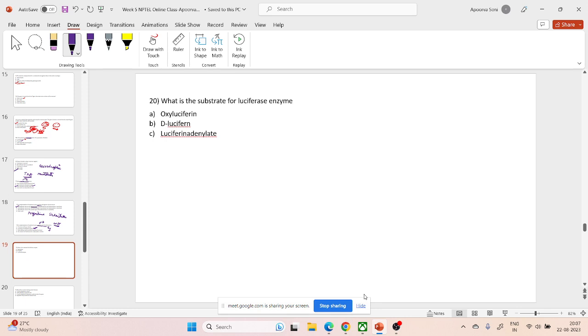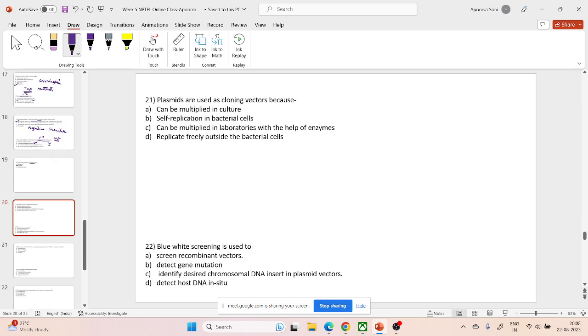Option B. Option B is the answer. Yes. So the substrate of luciferase enzyme is D-luciferin. And what is the ultimate product that is produced? Ma'am, oxyluciferin. Yes. Oxyluciferin is the product which is produced, and the substrate for luciferase enzyme is D-luciferin.